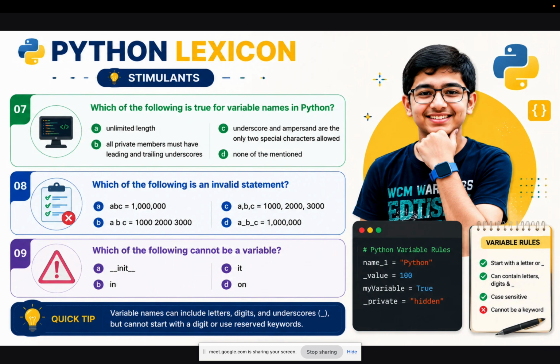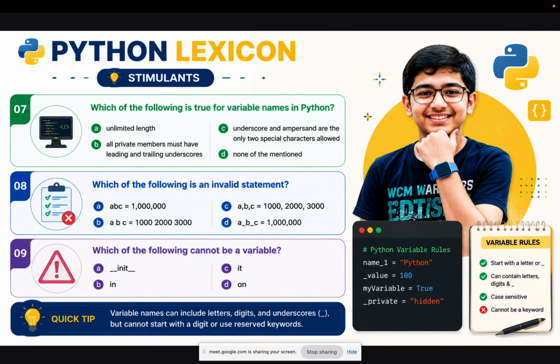Now, which of the following is true for a variable name in Python? Unlimited length; underscore and ampersand are the two special characters allowed; or all private members must have leading and trailing underscore; or none of them mentioned. So which is the correct answer now? A, sir.